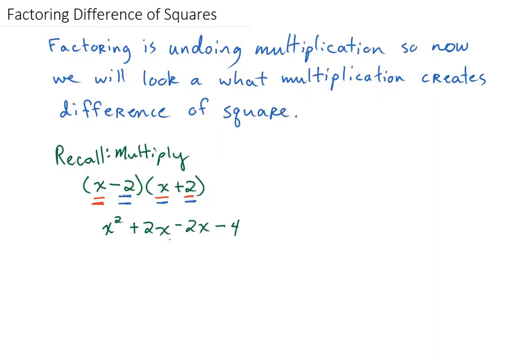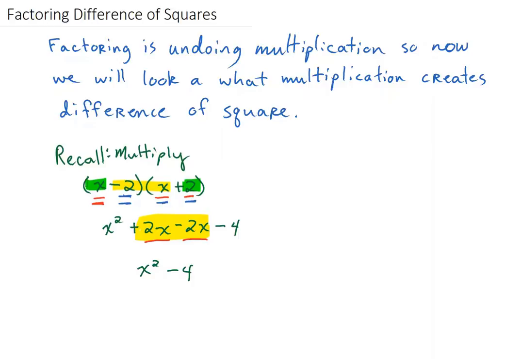Now that we have those multiplied out, we see we have these two like terms in the middle that can combine, but they're opposite. We have 2x minus 2x, so that's going to add to 0 or cancel out, so we're left with x squared minus 4, which is a difference of squares. And this is going to happen every time we multiply conjugates, because when we multiply the inside terms, we're going to get the opposite of when I multiply my outside terms.